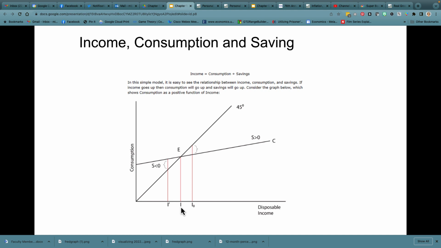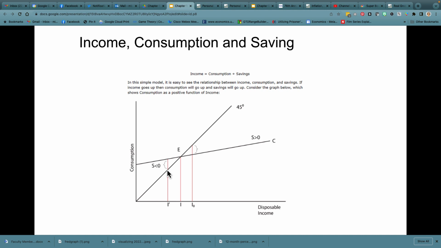So we're spending everything we make. So now what we've added here is this consumption line. Okay, so this represents the level of consumption at that level of income. So looking here at I prime, at this lower level of income, we can see that the consumption schedule is above the 45-degree line.